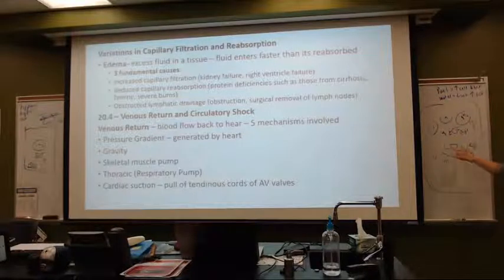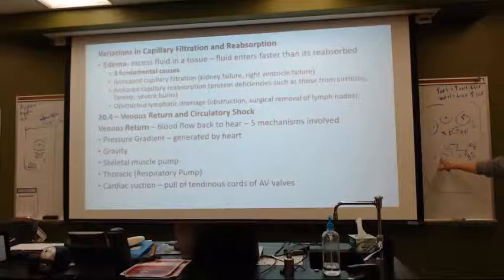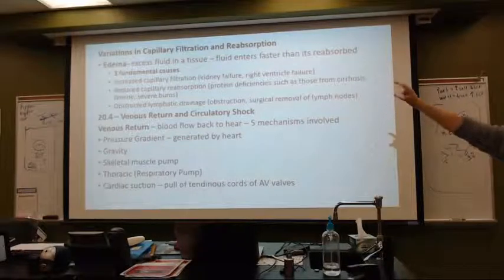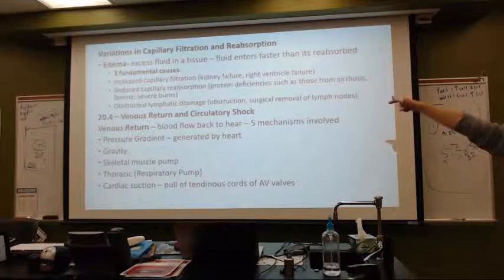This is where fluid will enter into this extracellular fluid faster than it makes it back to the venous return. We can have it due to an increase in the filtration.